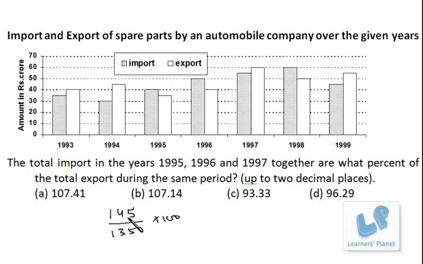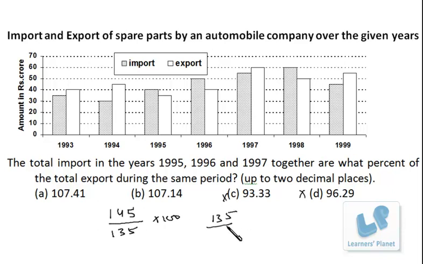Now this 145 is greater than 135, so our answer will be more than 100%. So these two options are cancelled, right? Now friends, the remaining two options are quite close to each other. So we have to calculate the percentage accurately, right? So what I do is 145 by 135 into 100. First of all, I just take 100%, that is 135 by 135.